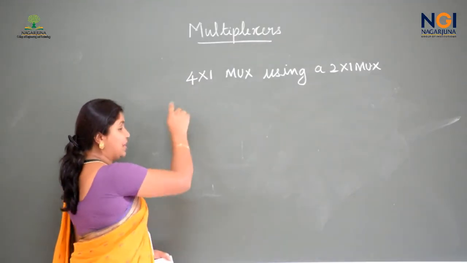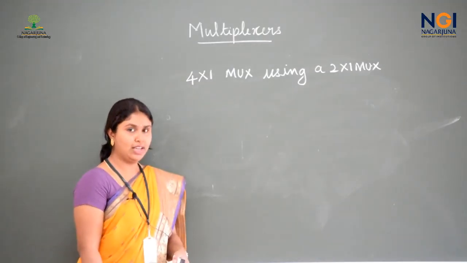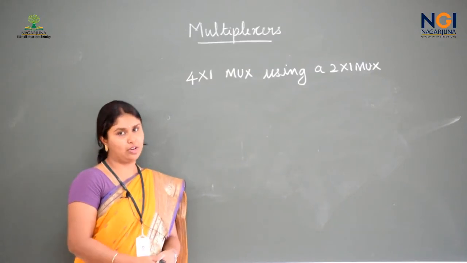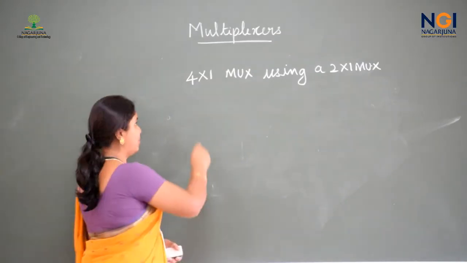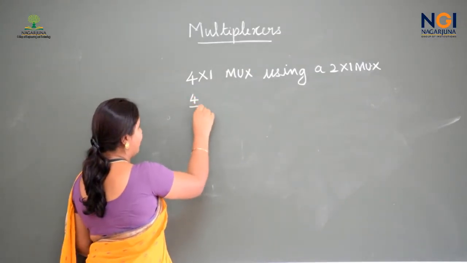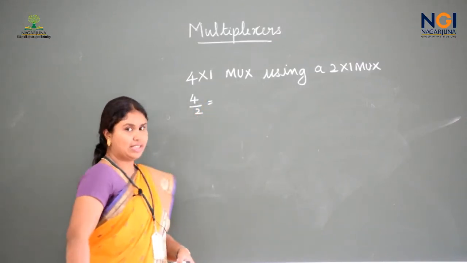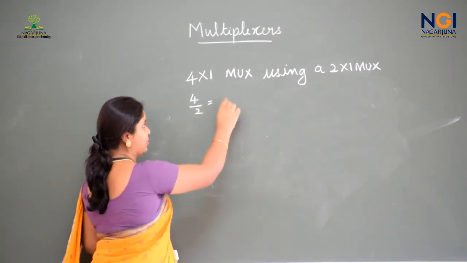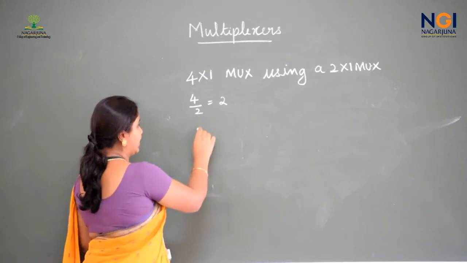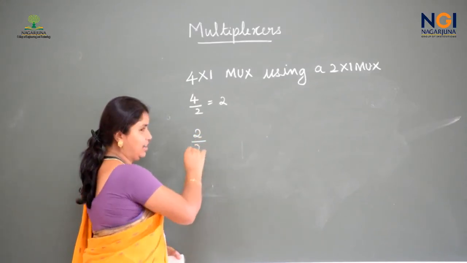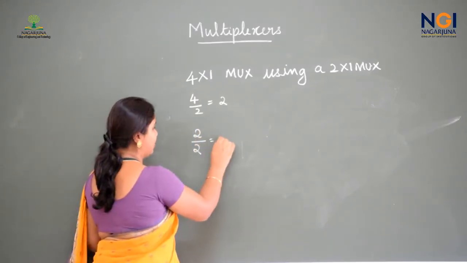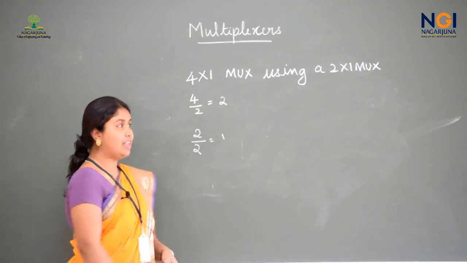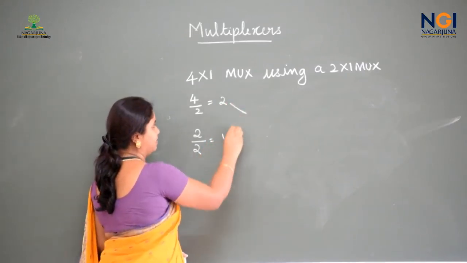The higher order multiplexer here is 4x1, so the number of inputs is 4. I am going to divide 4 by 2. In the first step, the quotient is 2. I divide that quotient 2 by 2 again, and now the quotient is 1. Therefore, we need 2 plus 1.